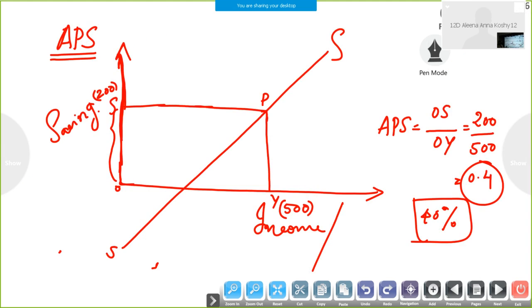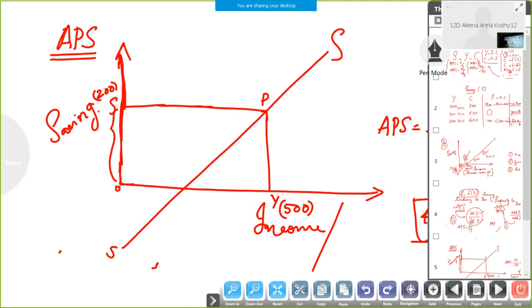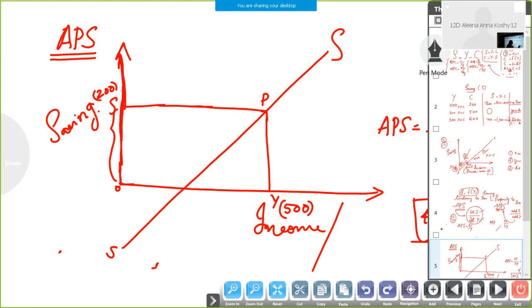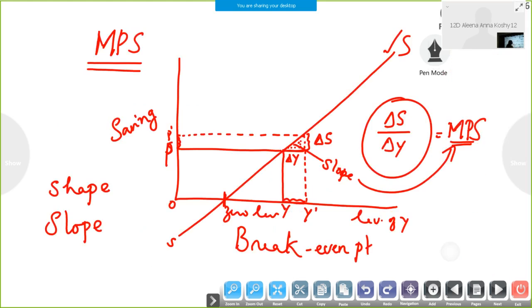So graphical representation of APS, graphical representation of MPS. I think this much you understood. I am going to wind up. One homework I have given: prepare an imaginary schedule for APS and MPS.